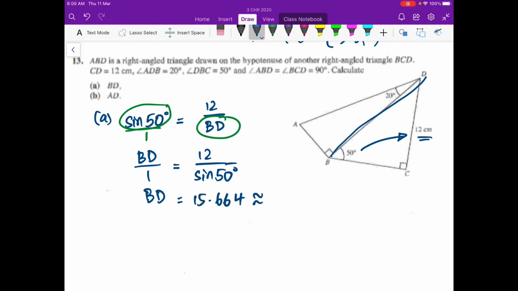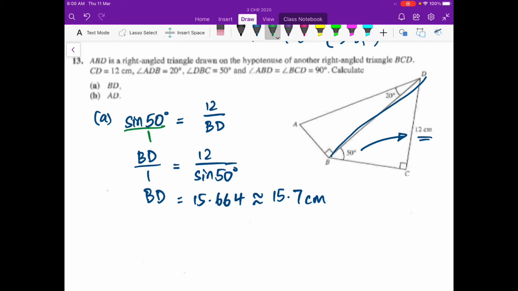15.664. Which part do you understand? Okay, Ziguan and Aloysius, do you understand this first step? Okay, so what happens next? You forget about the swapping portion, which may be quite confusing.